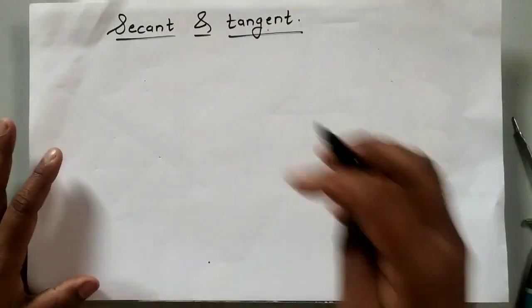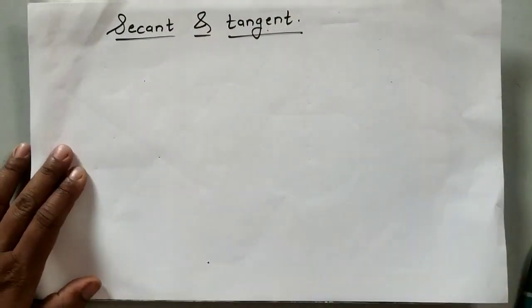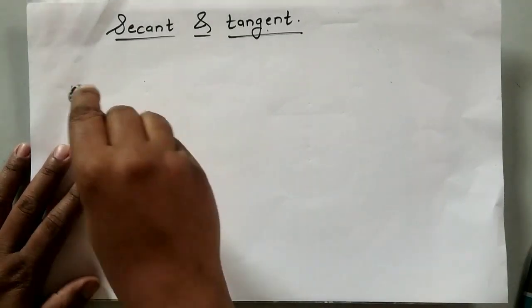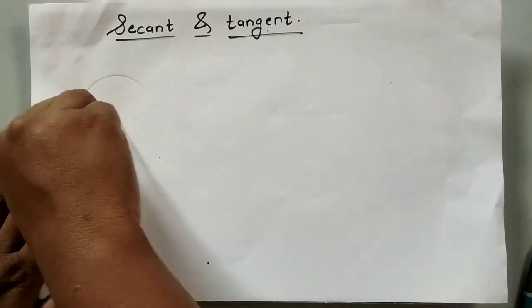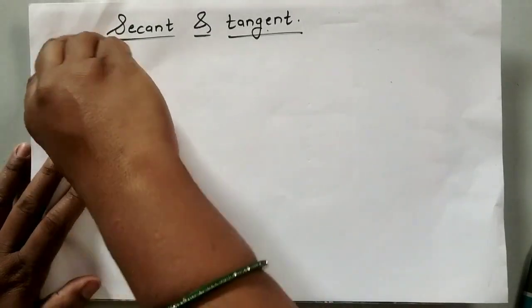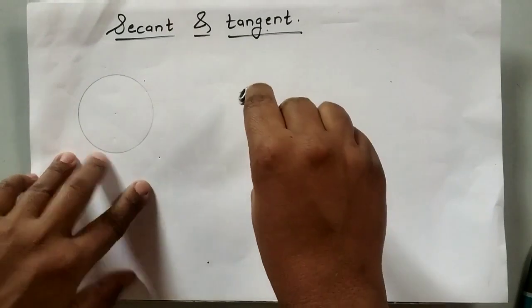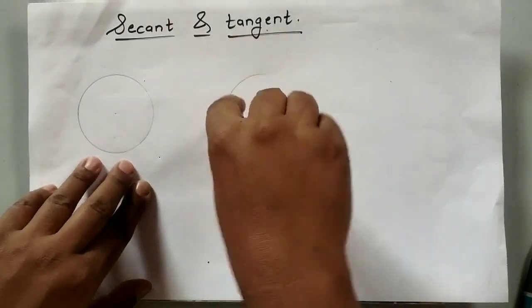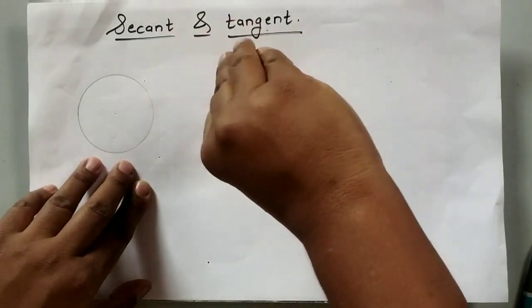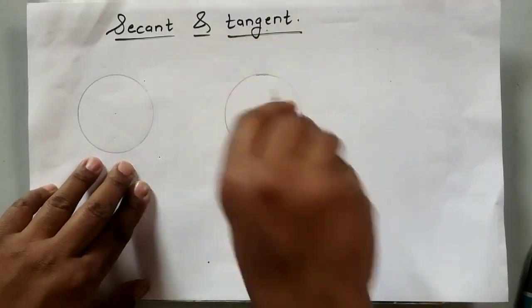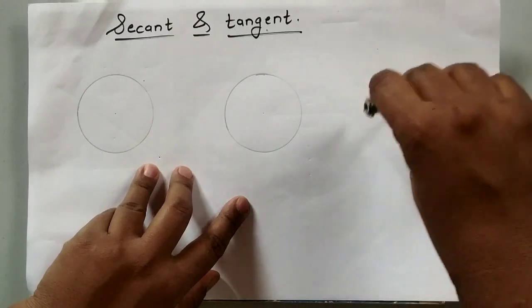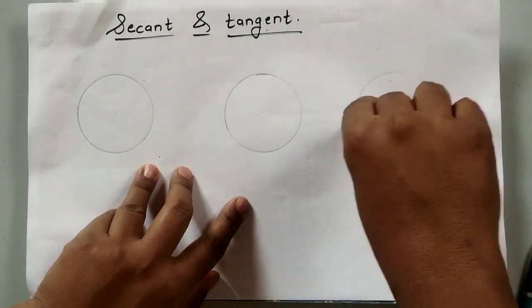To understand the difference between them, we will do one activity, and for that I will draw 3 circles here. This is the first one, this is the second, and this is the third one.